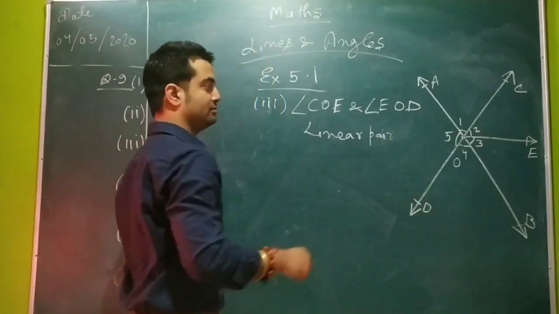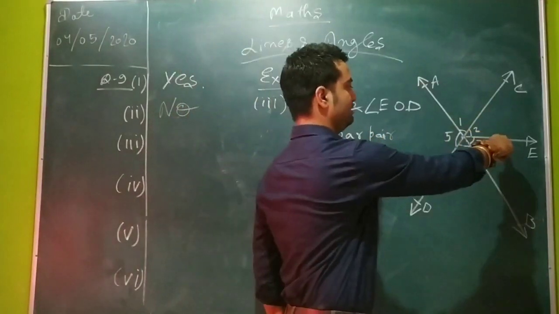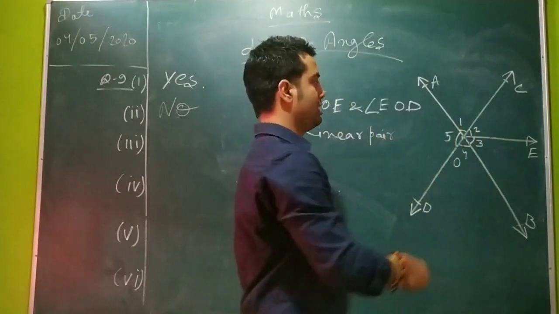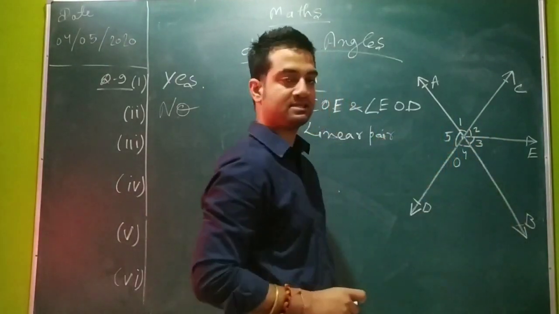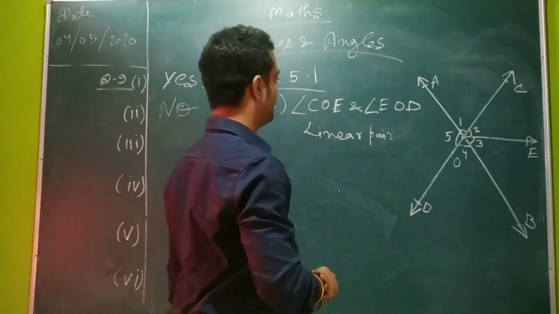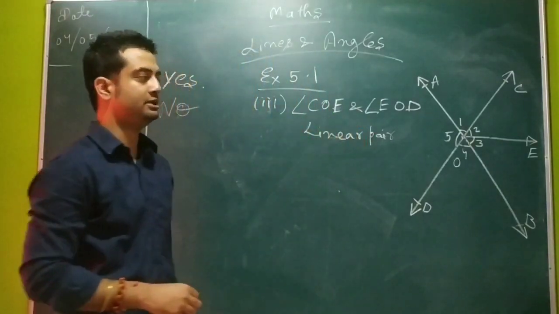If you look at the figure, COE is angle 2 and EOD is angle 3 plus angle 4. We have to find out whether these two angles form a linear pair.